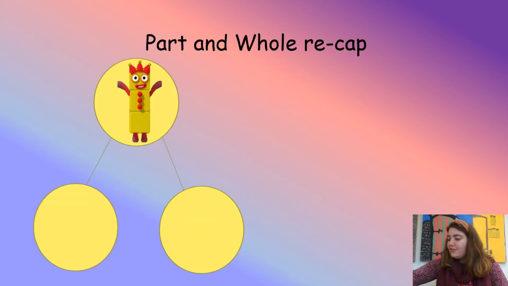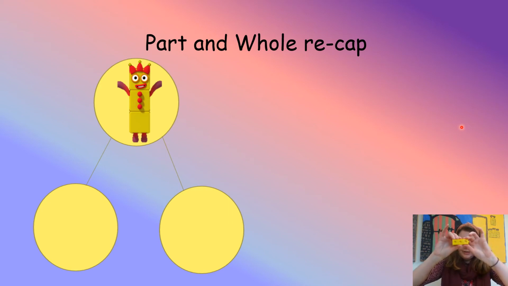Okay, so we have three. So let's take a look at the number block three. Got lots of cubes here, and I've just thought I'm going to match the colours. So if we have number three, like we do at the top here, lovely number three, let's see what parts we can break three up into.